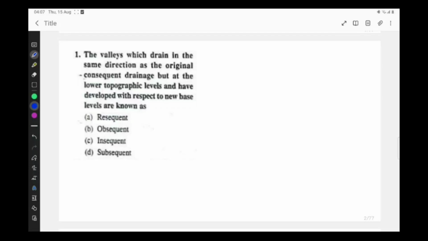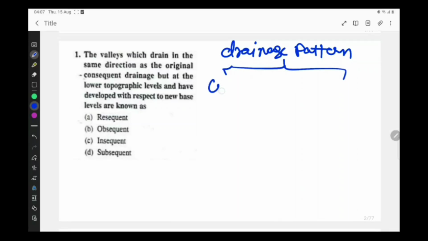See, as far as the drainage pattern is concerned, there are basically two different types of drainage patterns. The first one is concordant drainage pattern and the next one is discordant drainage pattern.